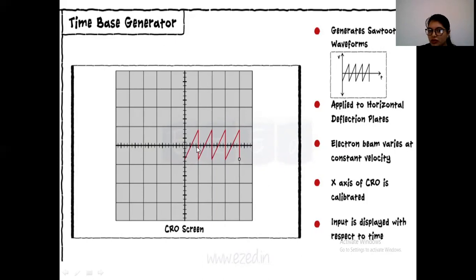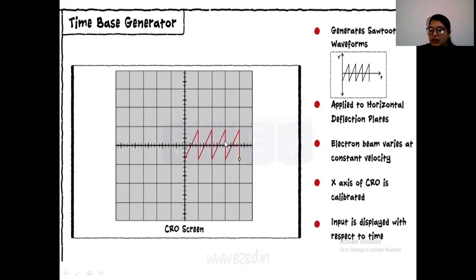This sawtooth wave will be made at constant velocity, at the same velocity. So this is the x-axis and this is the y-axis. So the main function of time-base generator is also to calibrate this x-axis. When our beam is going through at the same velocity, then the sawtooth wave should be like this.